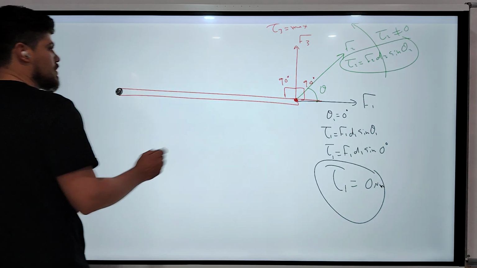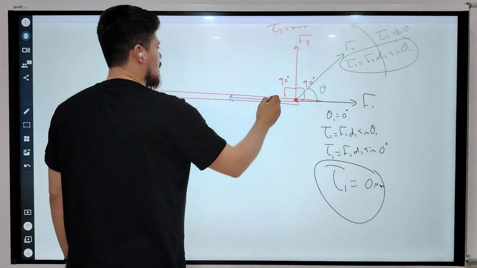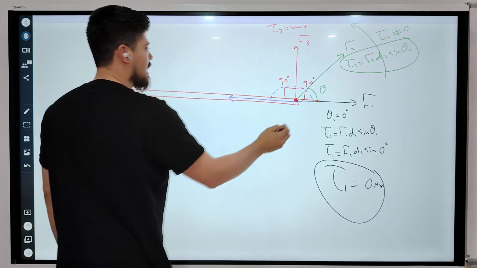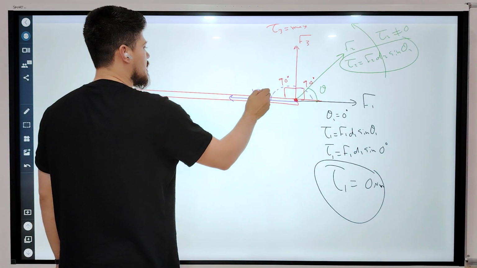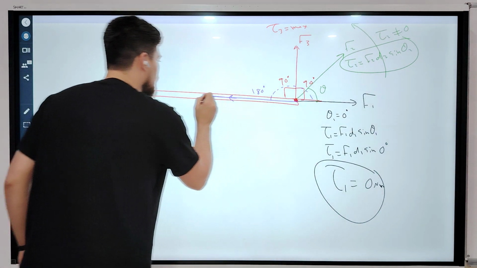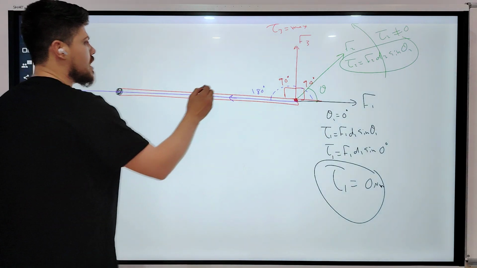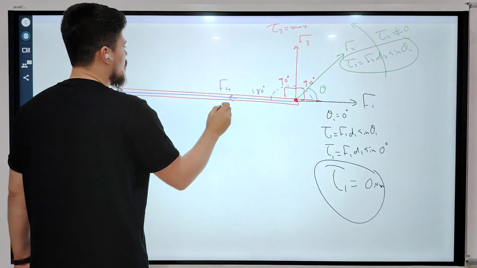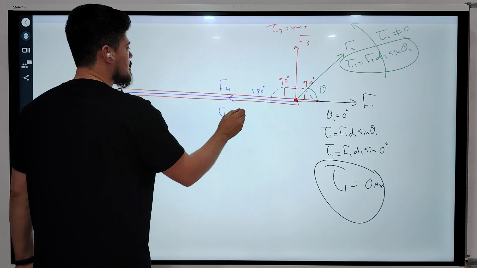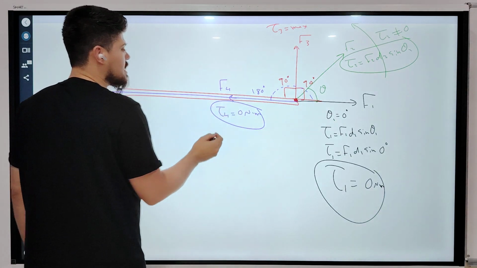Another force is also parallel, but by 180 degrees. In that case, the extension of the force crosses the axis of rotation, so that is why F4 also has 0 torque. Why does F4 have 0 torque?